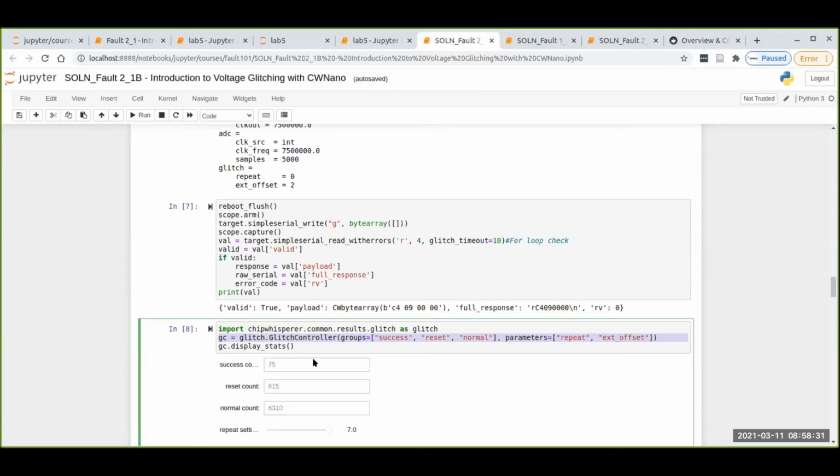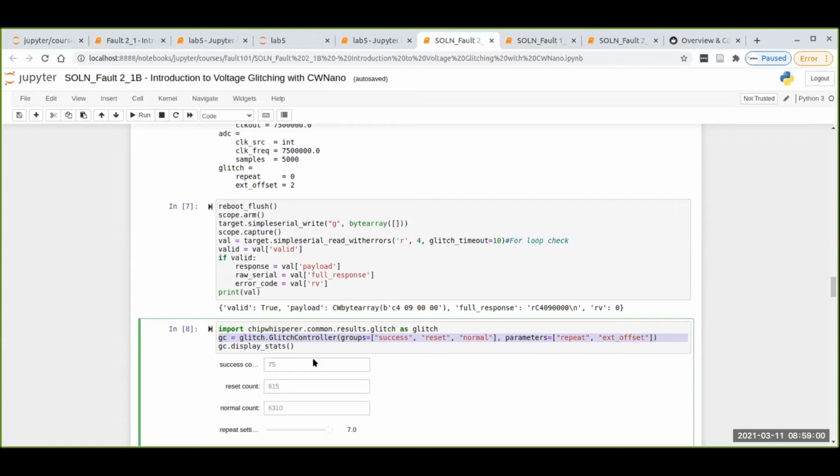Success means we successfully created a fault or a glitch that caused undesired behavior within the system. So if we had an if check that checked for a password and we were able to cause a glitch that basically caused something else to occur in the system, but not crash the system, that's successful.